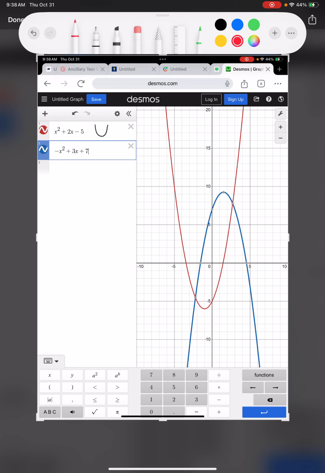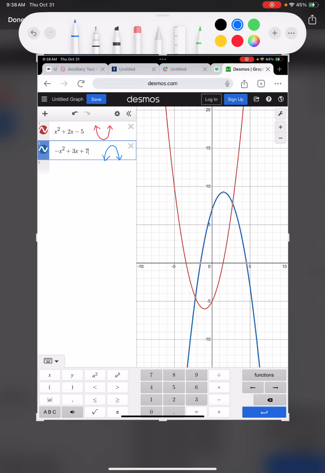But the second graph's shape is upside down. So let me change the red one to match our picture. So this is the red graph, and then the second graph, the shape is like this.